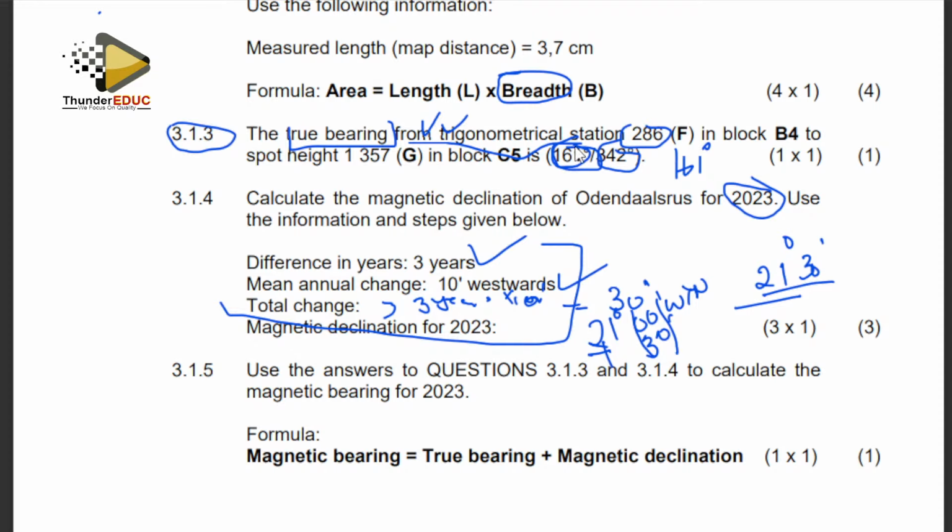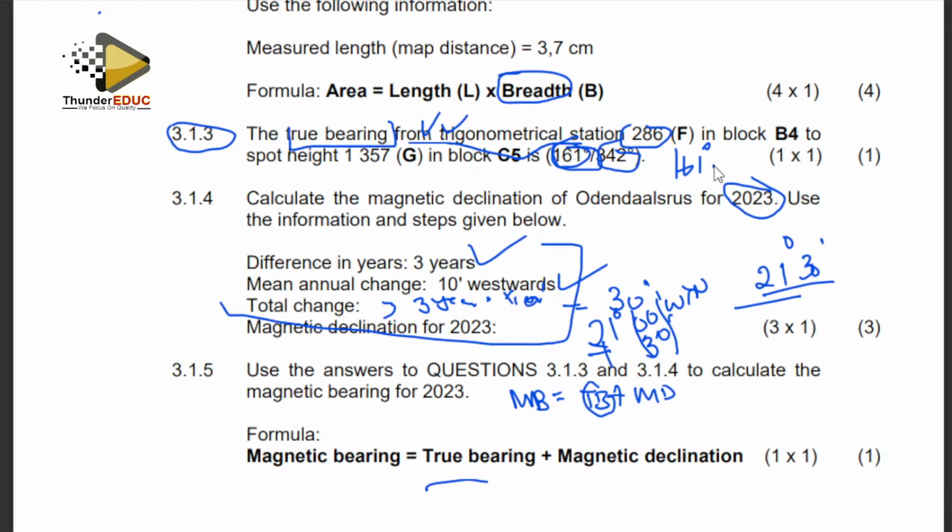And then the next question says, use the answer in 3.1 and 3.14 to calculate the magnetic bearing for 2023. So that means they want us to calculate the MB. The formula is down here, which is the TB plus the MD. What is TB?